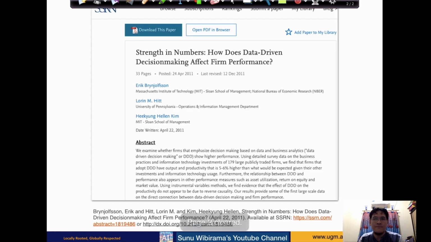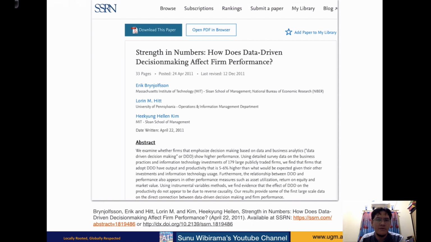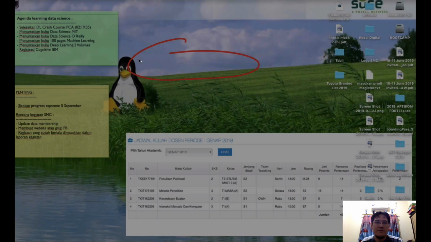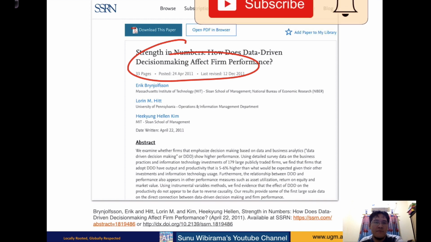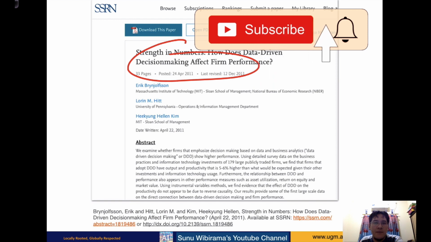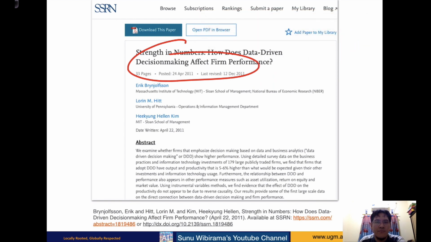Okay, so perhaps you are wondering now whether data-driven decision-making really affects the firm performance. If you still doubt this matter, then you can check this paper. It's "Strength in Numbers: How Does Data-Driven Decision-Making Affect Firm Performance?" It's published by a quite popular professor of MIT.